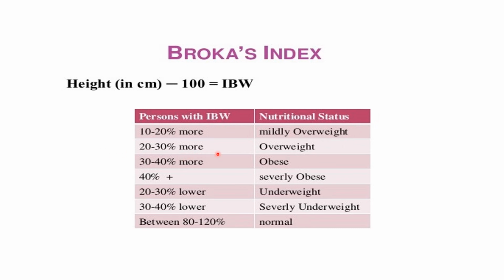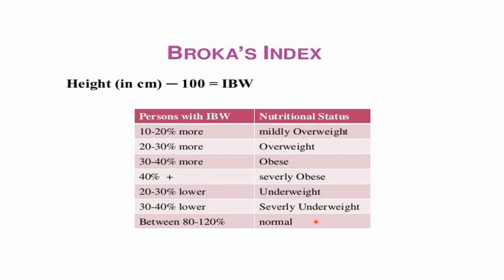20 to 30% more than the normal, again overweight. 30 to 40% more than the normal weight, obese. More than 40%, he will be severely obese. Similarly, 20 to 30% lesser than the normal weight, he will be considered underweight. 30 to 40% lesser than the normal weight, severely underweight.